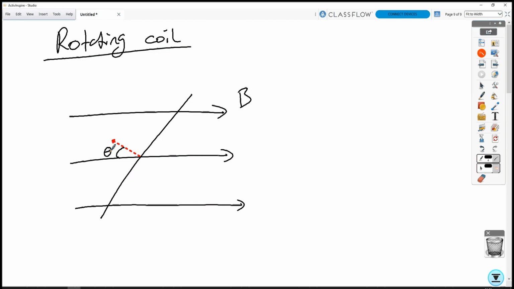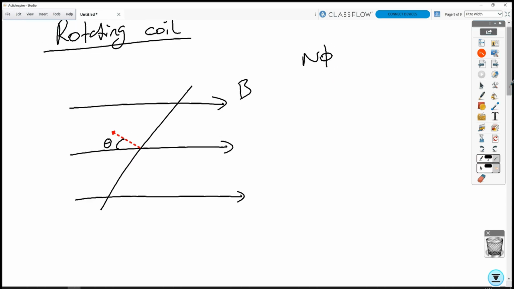Now the flux linkage, NΦ, equals BAN cos theta.